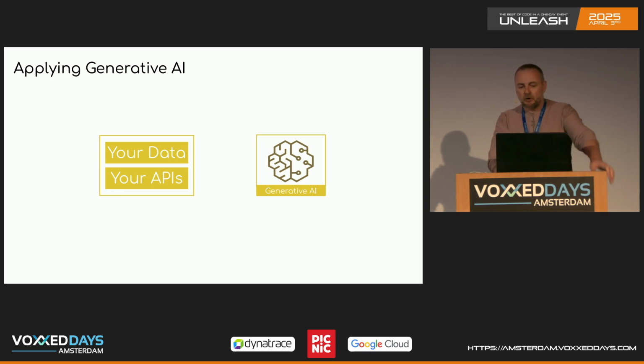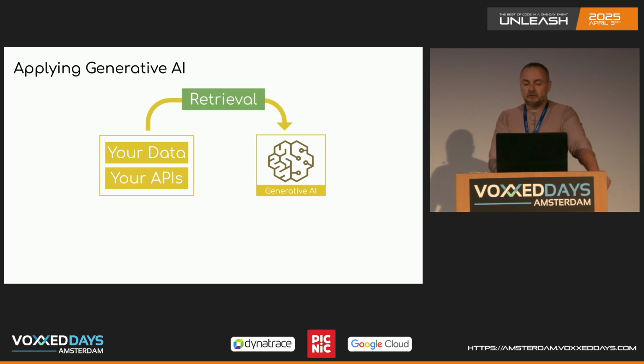I'm going to be quick here, but this is a very important message. I'm repeating myself from the morning, but in order to do something useful with generative AI, you should be aware that generative AI is stateless, frozen in the past. It doesn't know anything about your data, so you should find a way to make it aware of your data in order to provide meaningful answers related to a particular domain.